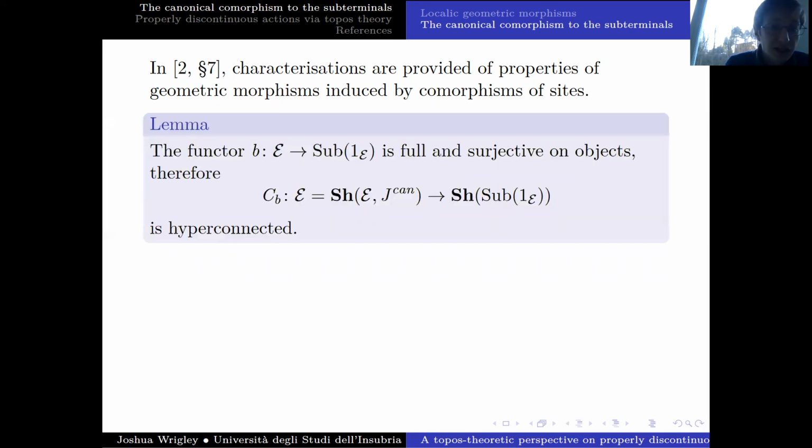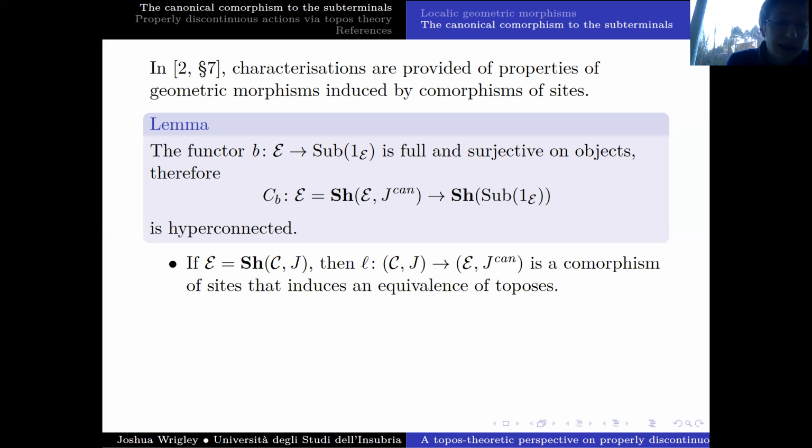In particular, there is the theorem that if a functor is full and surjective on objects and also preserves covers, then it induces a hyperconnected morphism. And indeed, our canonical comorphism to the subterminals has all of those properties. It's full, surjective on objects and it preserves covers. So it induces a hyperconnected geometric morphism.